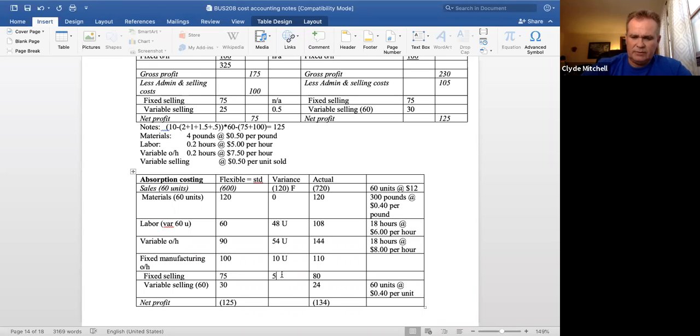We have $5 more for our fixed selling costs, which again, we don't like spending more money, so it's unfavorable. And then finally, we have $6 less on our variable selling, which is favorable. And if we add all these up together, they should give us the net difference between the two profits, which is a total of 9 favorable.